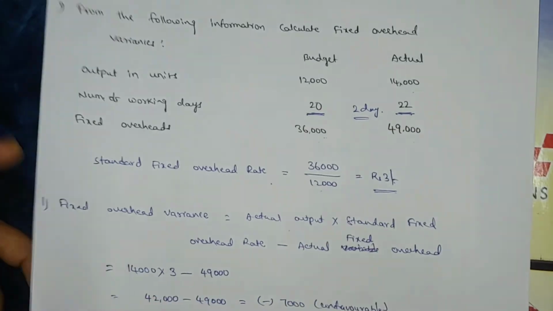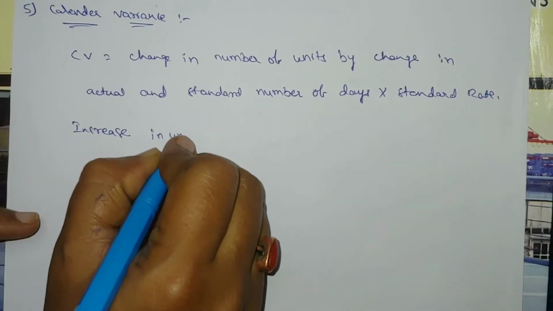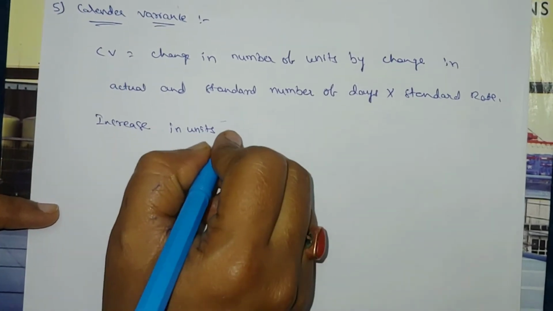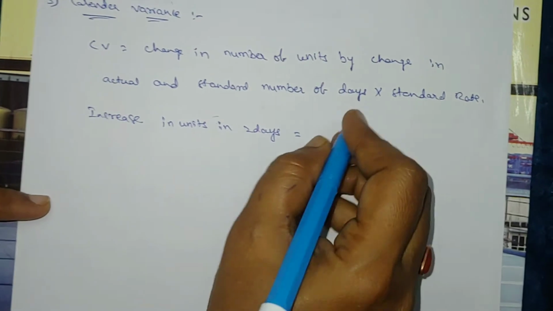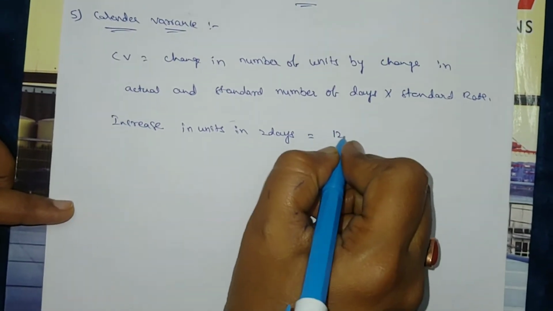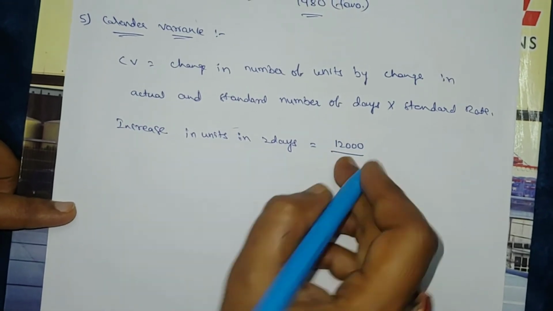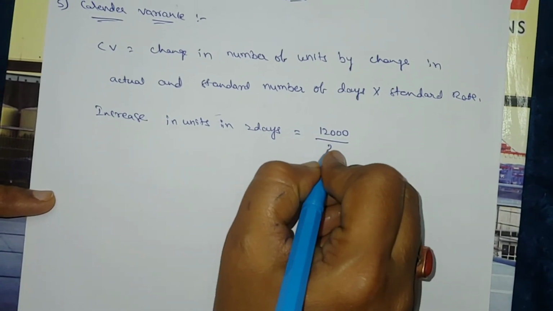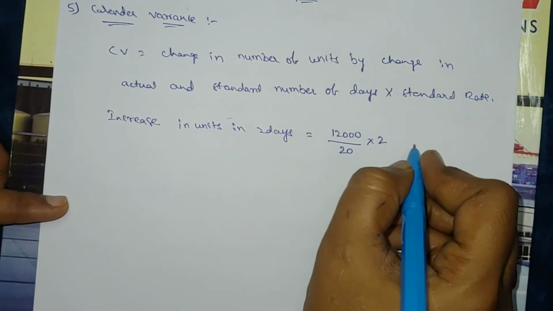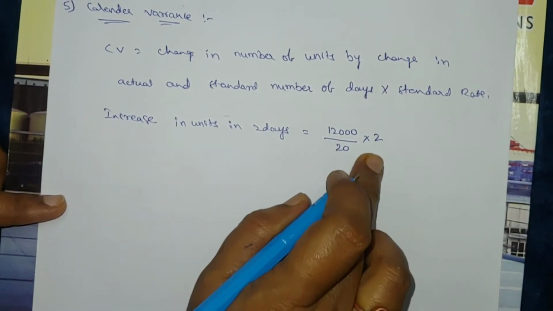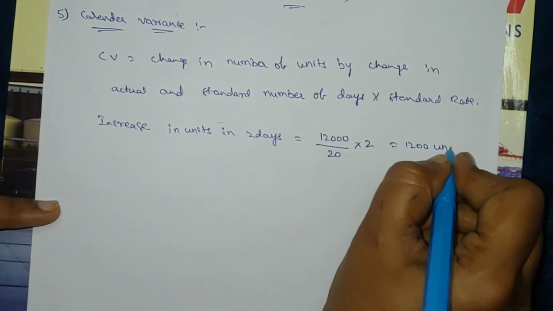It is increase in units in 2 days equal to 12,000 units for 20 days. 12,000 divided by 20 into 2 equal to 1200 units.